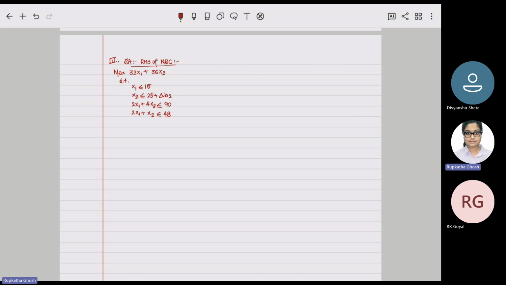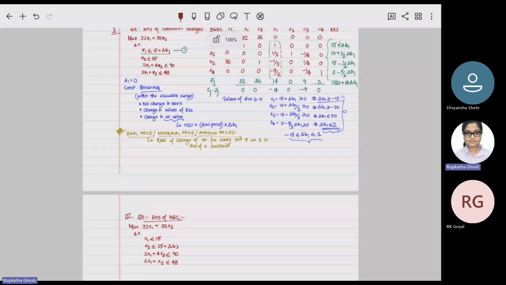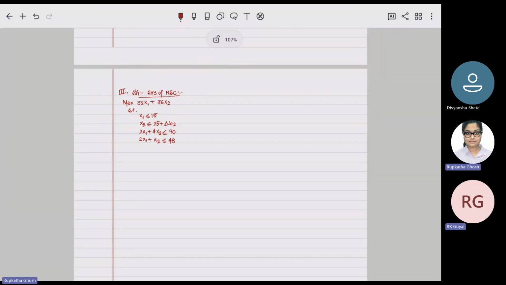And what is there in the final tableau? Let us make it from here. I'll make the basis: xb, x1, s2, x2, s4, cb by cj.